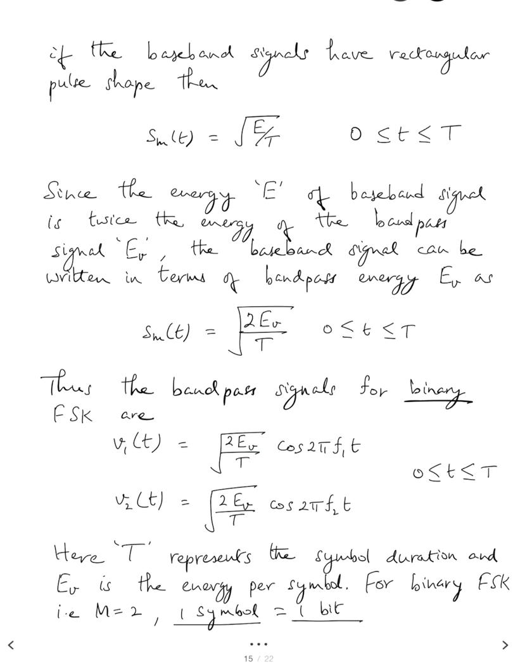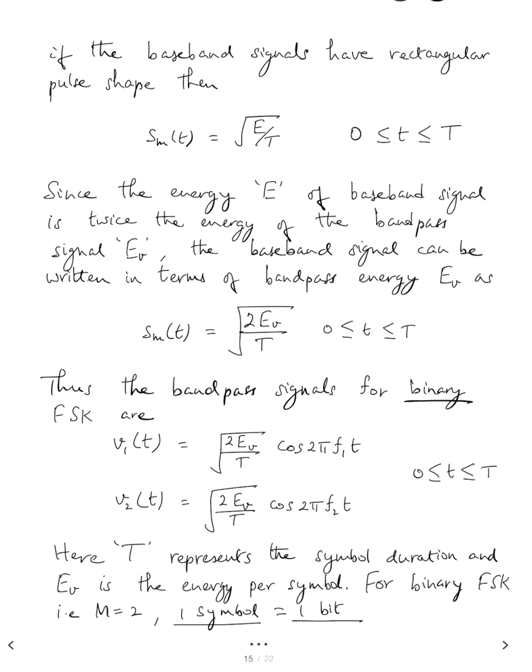So the notation is V. We'll call the energy of the bandpass signal EV, and the energy of the baseband signal is E. The relationship between the two is that the baseband energy E is 2 times the bandpass energy EV. So we can substitute for the pulse amplitude in terms of the bandpass energy, because we are going to use this amplitude for our bandpass signal, which is the carrier signal of a certain high frequency.